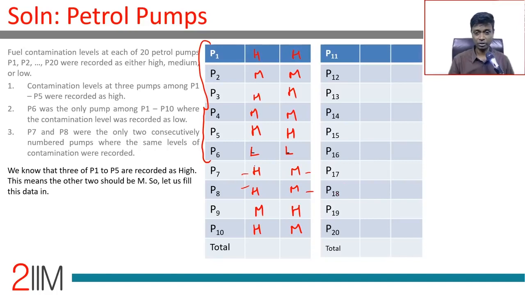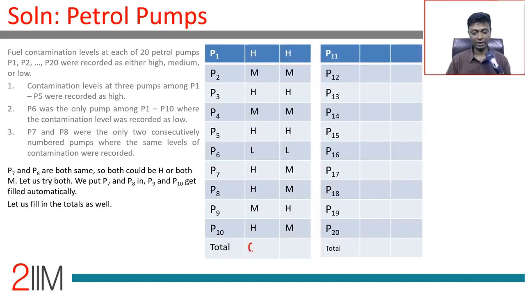In this sequence, there are 1, 2, 3, 4, 5, 6 high contaminations, only 1 low, and 3 M. Here again, there will be 1, 2, 3, 4 H, and 5 M and 1 L. Wonderful. So far so good. We've completed this. This could be either 6, 3, 1 or 4, 5, 1.